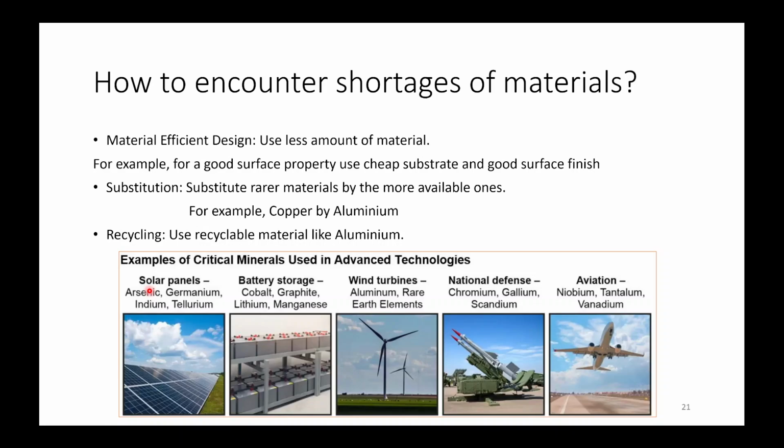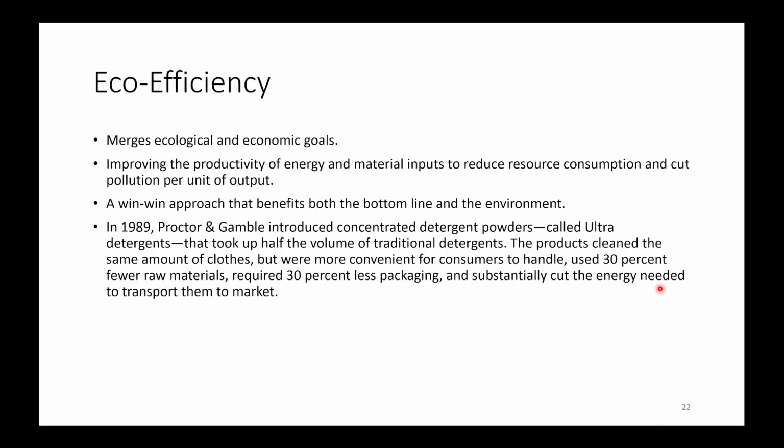In case of battery storage, cobalt, graphite, lithium, manganese. And in case of wind turbines, aluminium, rare earth elements. In national defense, chromium, gallium, scandium. And in case of aviation, niobium, tantalum, vanadium, these elements are used.